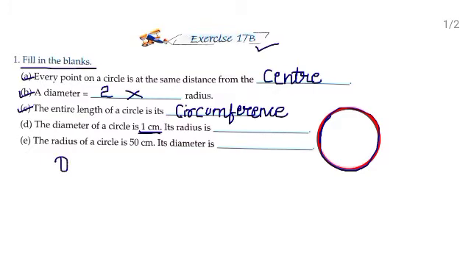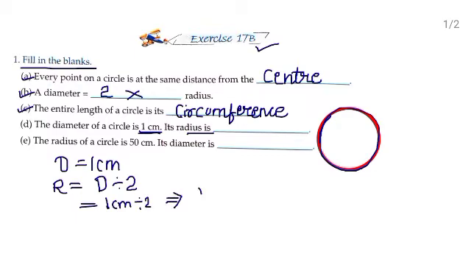Next, D: a diameter of circle is 1 centimeter. Now they have given diameter is equals to 1 centimeter. Its radius is, it means they are asking for the radius. You know the formula of radius. Radius is equals to diameter divided by 2. Here I am writing in short. Diameter is 1 centimeter, so put the value of diameter, 1 centimeter, here. 1 centimeter divided by 2, right?